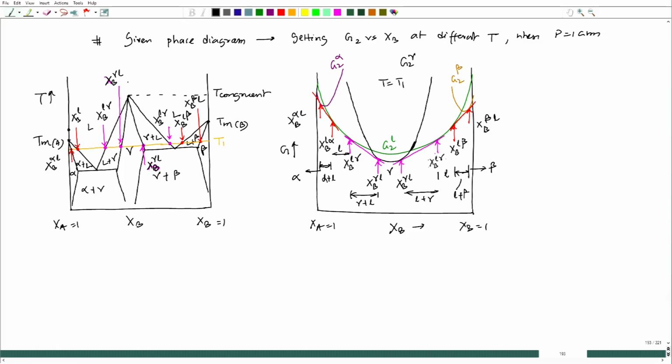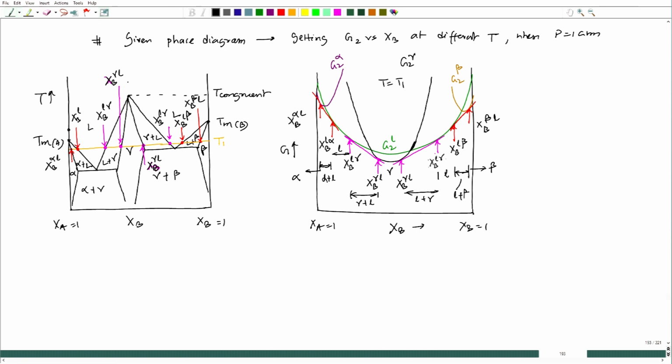Whereas those two terminal solid solutions alpha and beta have a very small range of solubility, that is why they are falling on the two extreme ends, and the liquid being miscible everywhere has a wide range. We can actually plot the G2 plot of liquid over the entire range. Okay. So, those considerations you can do.